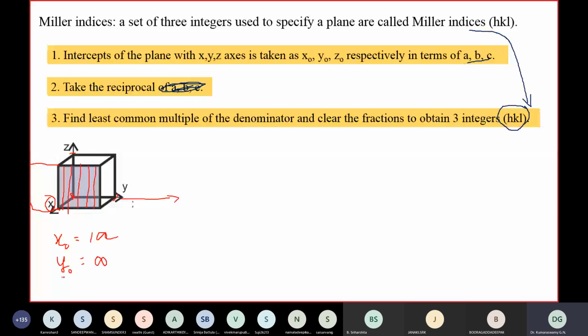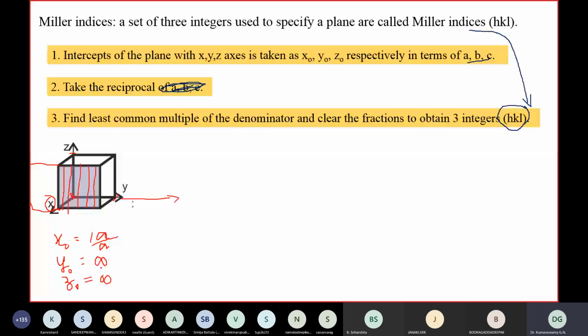What about the z-axis? It is parallel to the z-axis, so it is infinity. What is the next point? Take the reciprocal, and express this in terms of basis vectors.